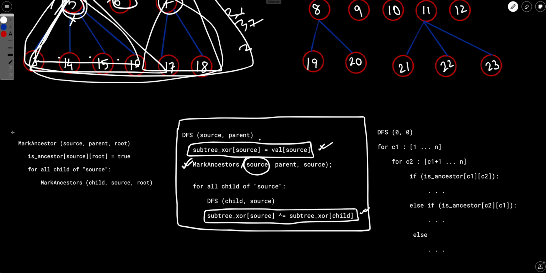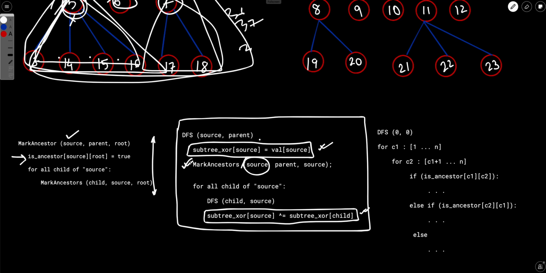So in a way, we are doing a DFS again over source, and we are marking whether source is ancestor of root or not as true. Now we will do it for every child, and once we have done this, we will have a 2D array that will give us whether A is ancestor of B or not. We will do this for every source that we visit.